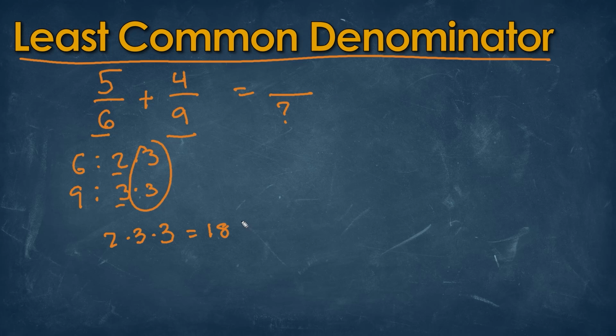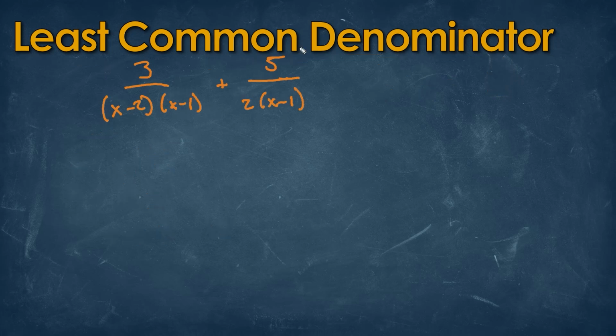So in this case, we'd be multiplying this number by 3 to get 18, top and bottom, and this number by 2, top and bottom, to get 18. This will give us a value of 15 plus 8 over 18 for both of those fractions. And now that our denominators are the same, the number at the bottom, we would just add the two top numbers together over 18.